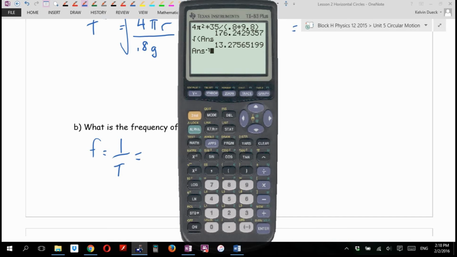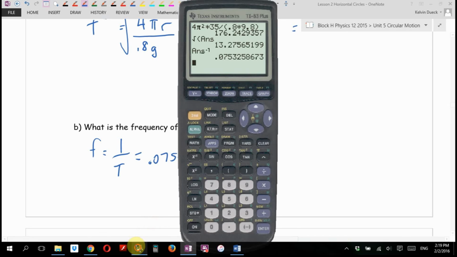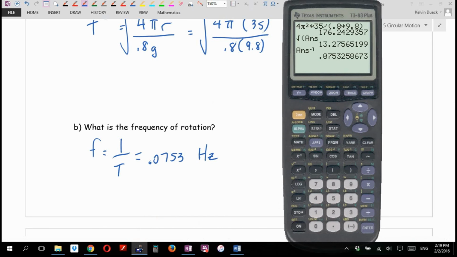You've got a little x to the negative 1 button. So if you have the answer, and then just hit the little x to the negative 1, it'll take the reciprocal. 0.0753 hertz. Very low frequency.